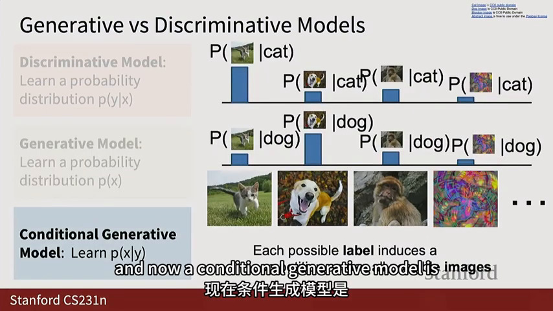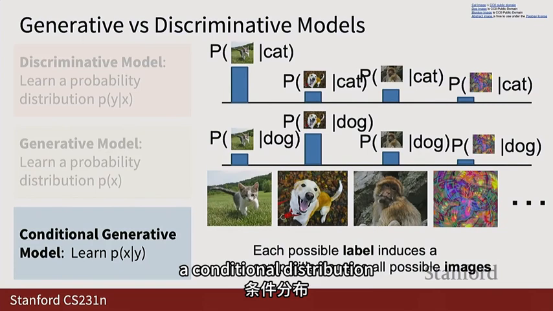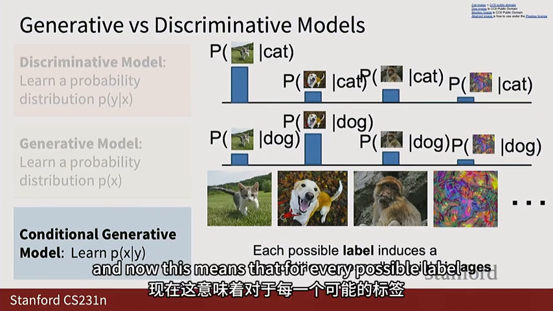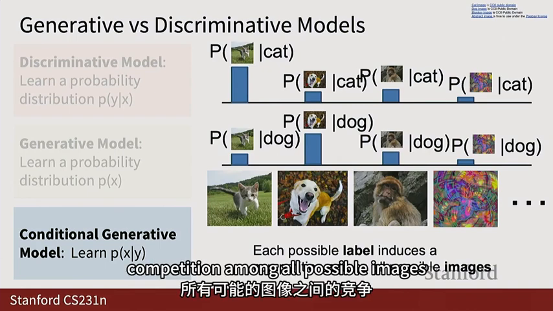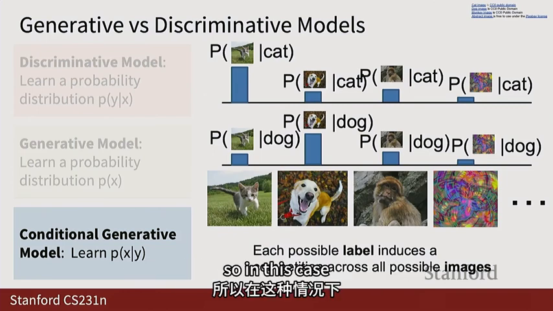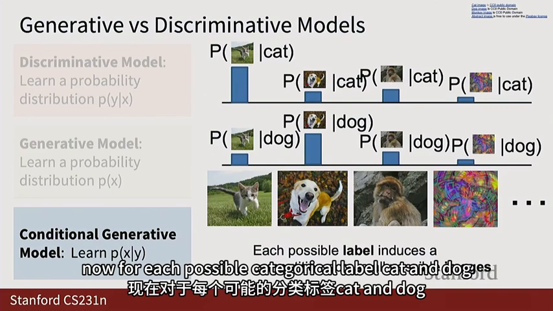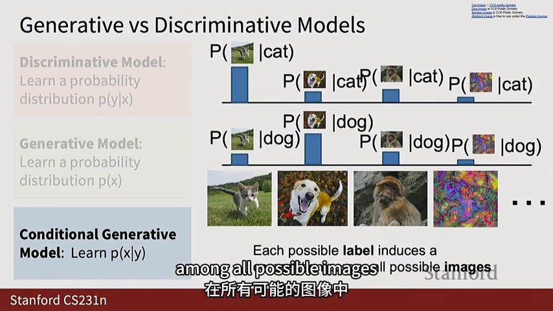And now a conditional generative model is even more interesting. This is where we're learning a conditional distribution over images X, conditioned on some label signal Y. Now this means that for every possible label, we're inducing a competition among all possible images. So if Y is a categorical label of cat or dog, then for each label the model is separately inducing a competition among all possible images.